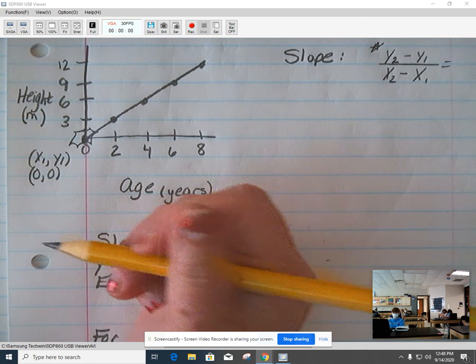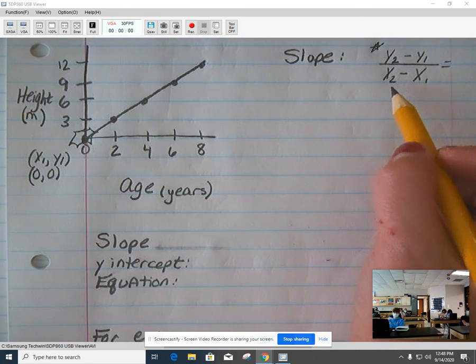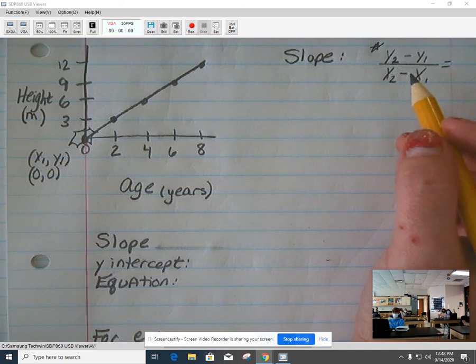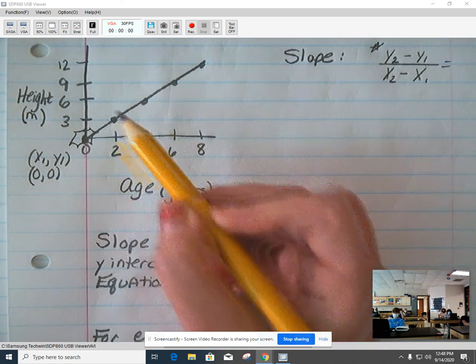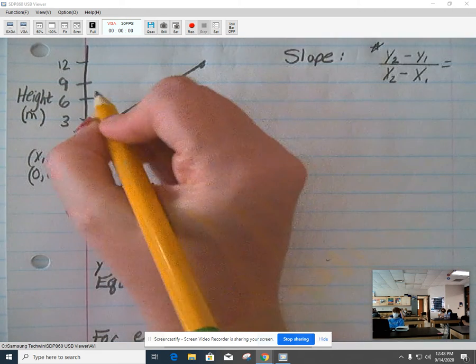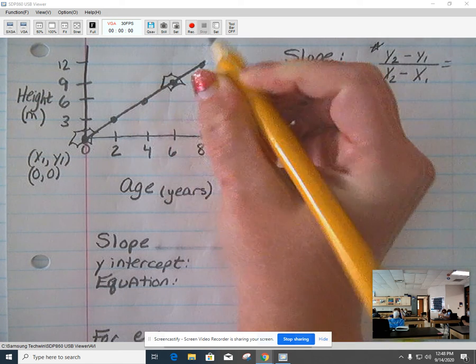Brandon, can you pick a data point that might work for the x2, y2? Which one? 3 and 2. You could use that one, but let's spread them out a little bit more. 9 and 6. 9 and 6, I'll take it. So we'll use this one here.